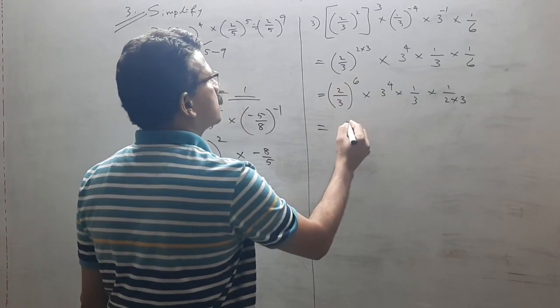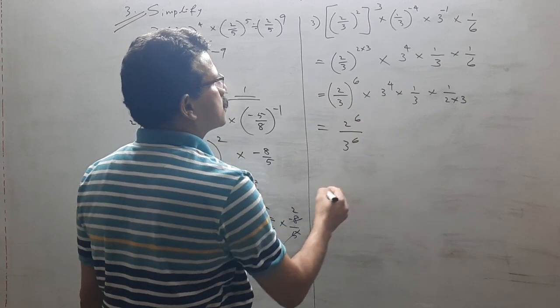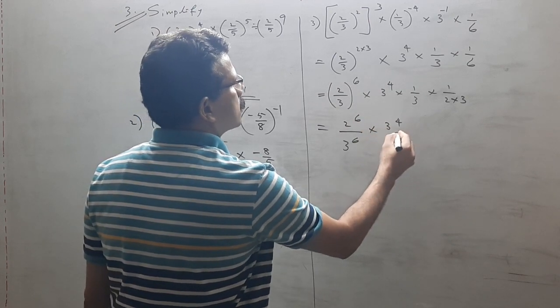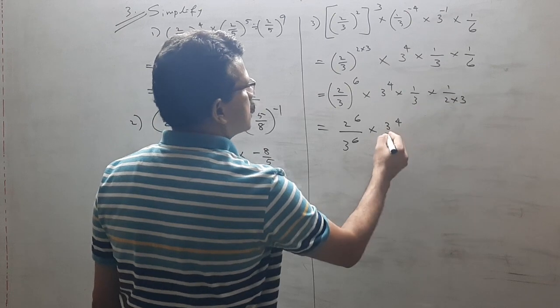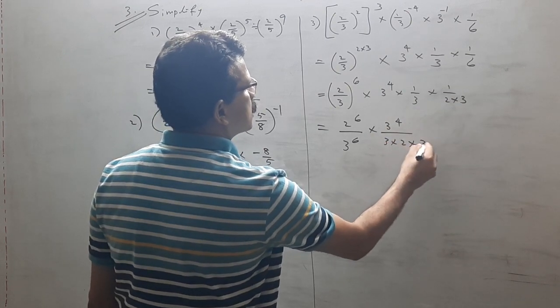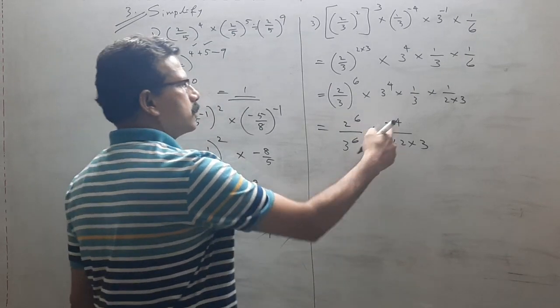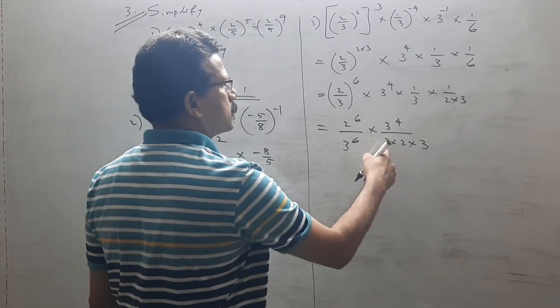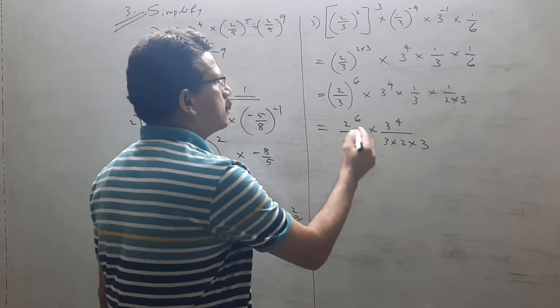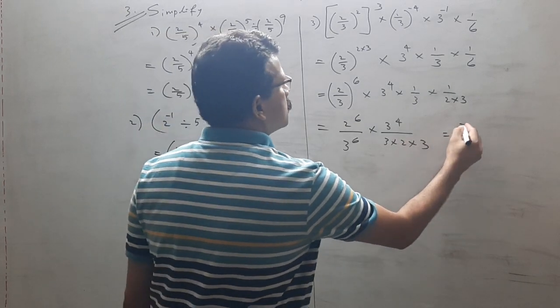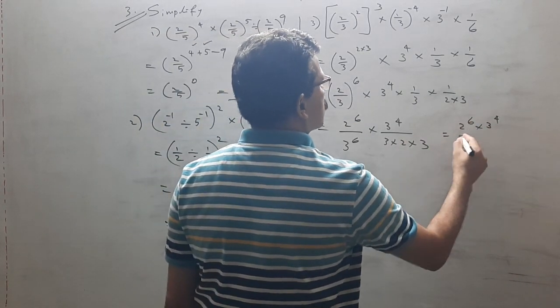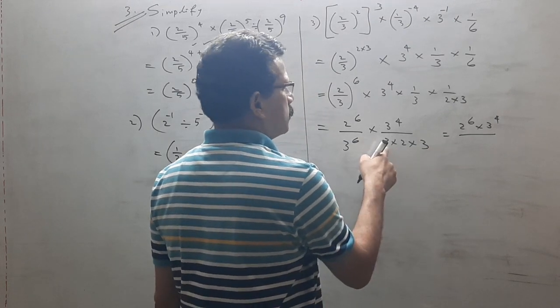2 six times, 3 six times, 3 to the power 4. Now here 3 into 3 is there, 3 into 2 into 3 is there. 3 to the power 4, and here 3 to the power 6, 3 to the power 2. 2 to the power 6, 3 to the power 4, 3 to the power 6, 1, 1.